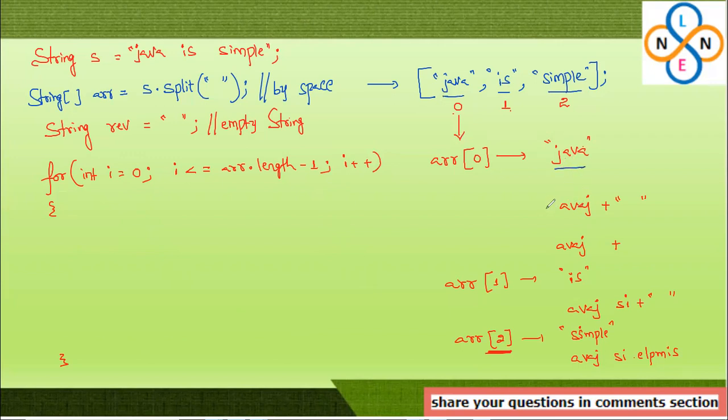After we get this result, to add this one, we need one empty string that I have taken, rev. But for each and every element here also, to get its reverse, we need one more empty string here. Correct? So for that, I am taking one more string. Let me name that variable as temp equals another empty string here.